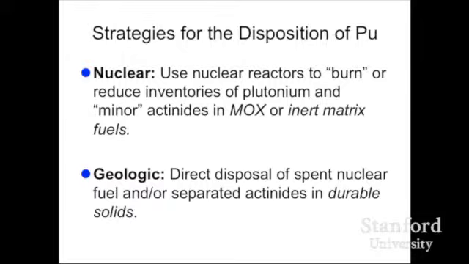Okay? That's an important observation, but different isotopic composition. And then there is another category of possible solutions. These are geologic solutions. This would be the direct disposal of the spent fuel, or if we have reprocessing, gathering the plutonium up and the minor actinides and putting them into very durable solids.